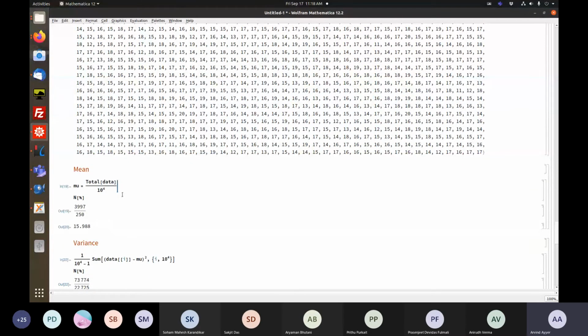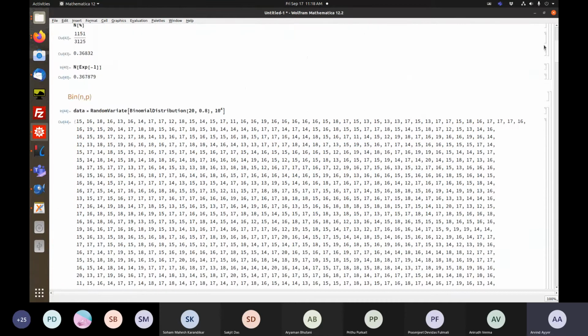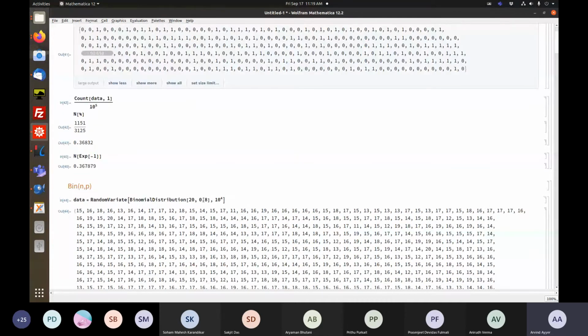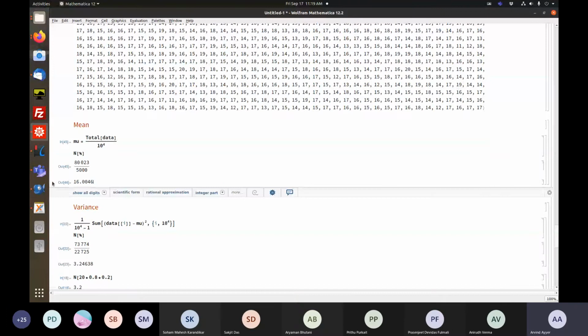So let's compute the mean. Okay, so you see the mean is very close to 16, and what is np? n is 20 and p is 0.8, so n times p is exactly 16. Right? So it works to very good accuracy.